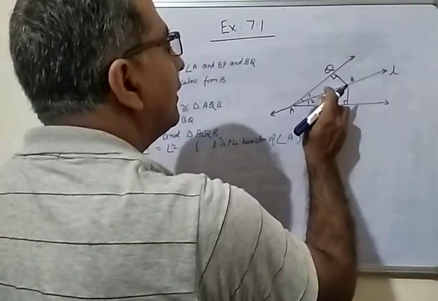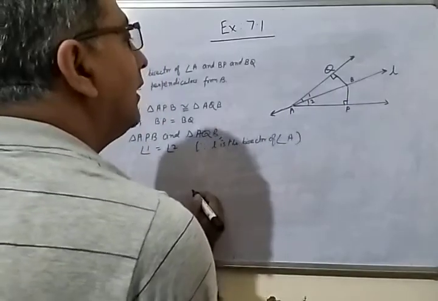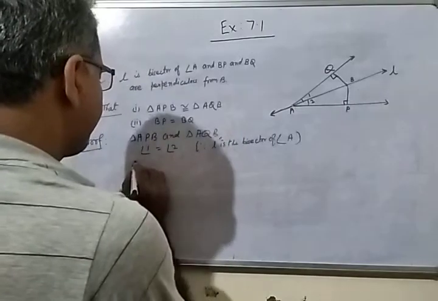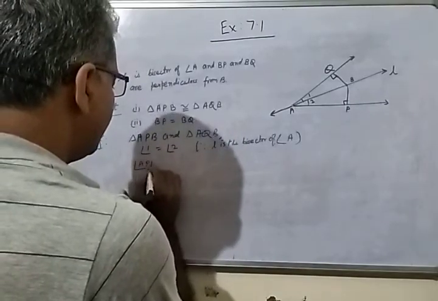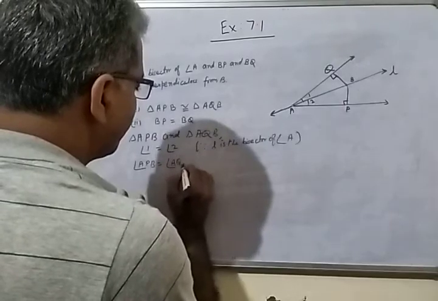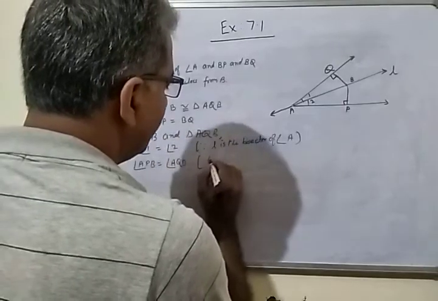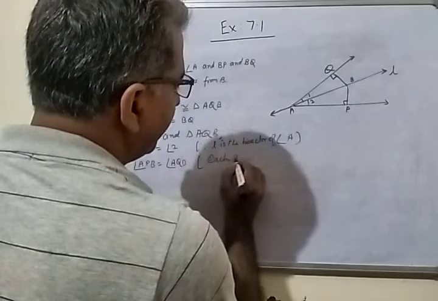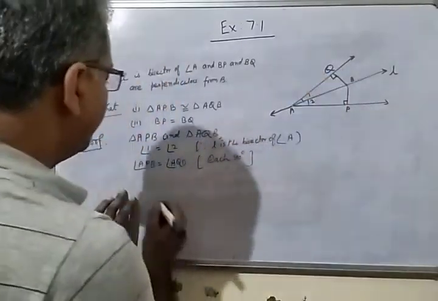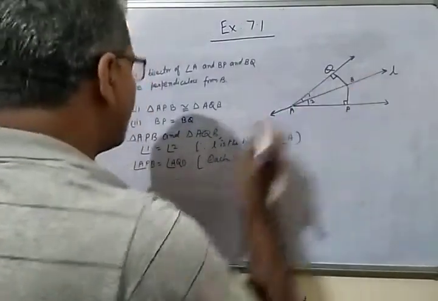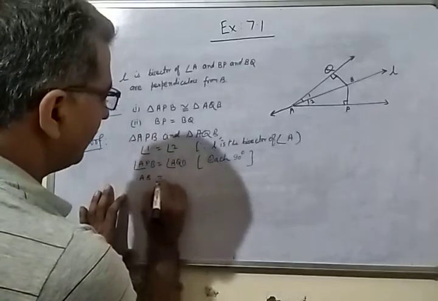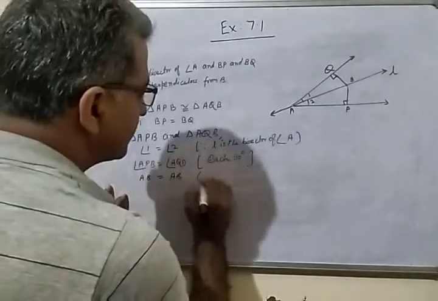And angle APB equals angle AQB, because each measures 90 degrees; perpendicular means 90 degree measurement. And side AB is common in both triangles, AB equals AB.